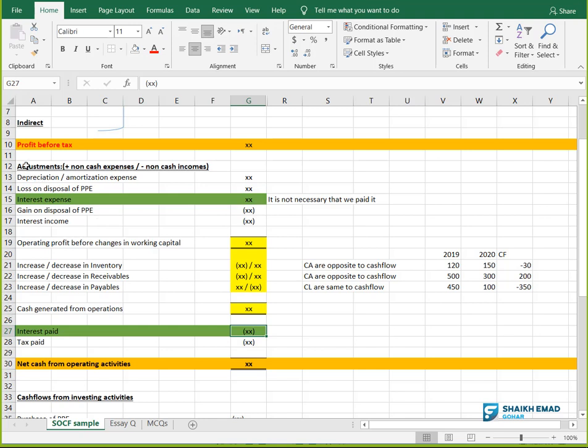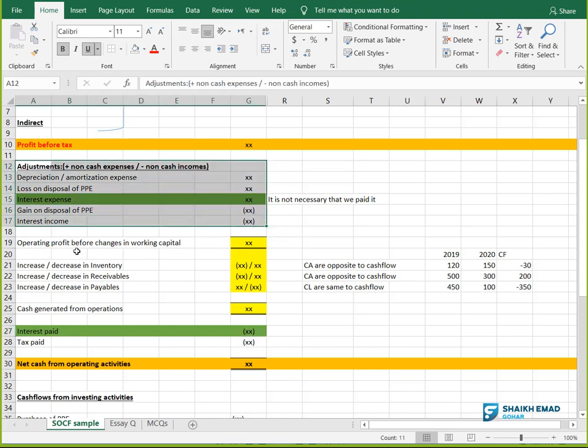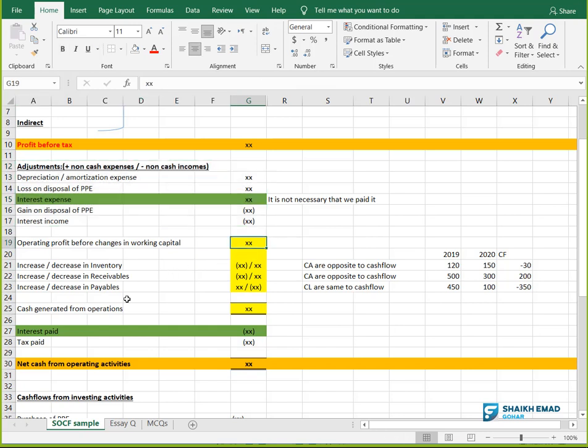Moving on, once you are done with all these adjustments, you get something called operating profit before changes in working capital. After that you have three major adjustments, which is inventory, receivables and payables. Once you are done with these three adjustments, you get cash generated from operations. The examiner can ask you these different line items, so you need to remember what he is asking you, where you have to stop.